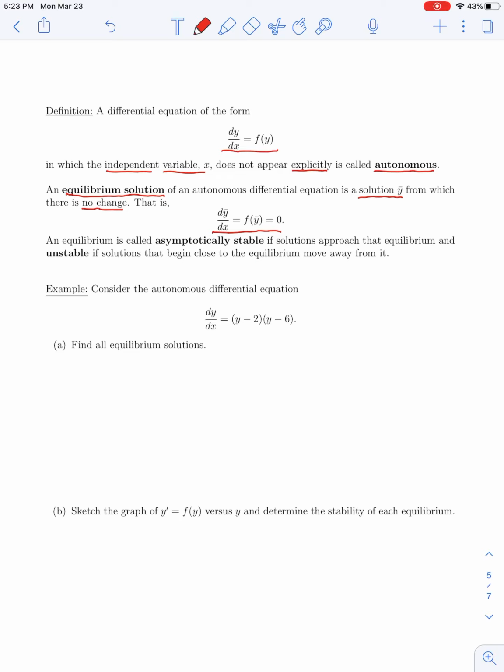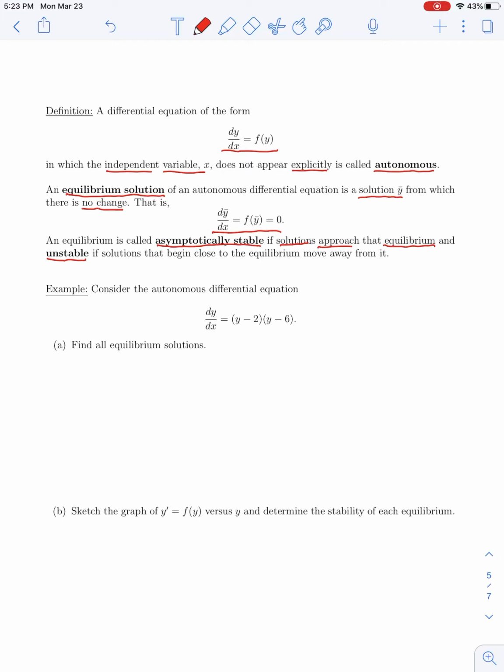Now we saw from some of our earlier examples that solutions can either move towards or away from these equilibrium solutions. So we would say that an equilibrium is said to be stable or asymptotically stable if solutions are approaching that equilibrium. So if our solution curves are moving towards an equilibrium, it's said to be stable or asymptotically stable.